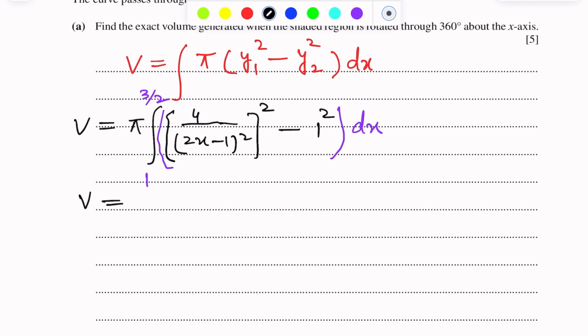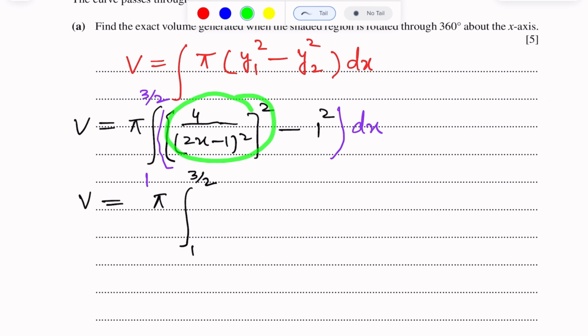V is equal to pi, limit is 1 to 3 over 2. We can write this term 4 square is 16, (2x minus 1) whole square whole square, that means (2x minus 1) power 4.